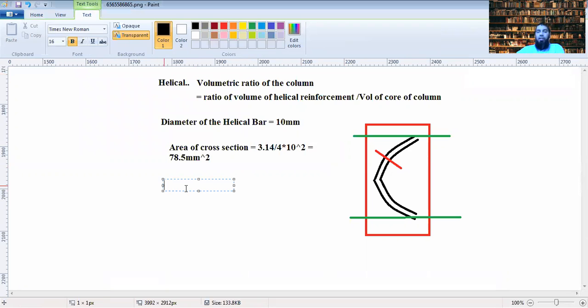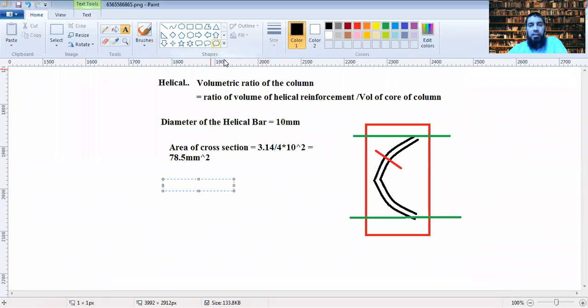Now next you need to know the length of this. But how is this length calculated? If I show you a clearer picture, let me show you.